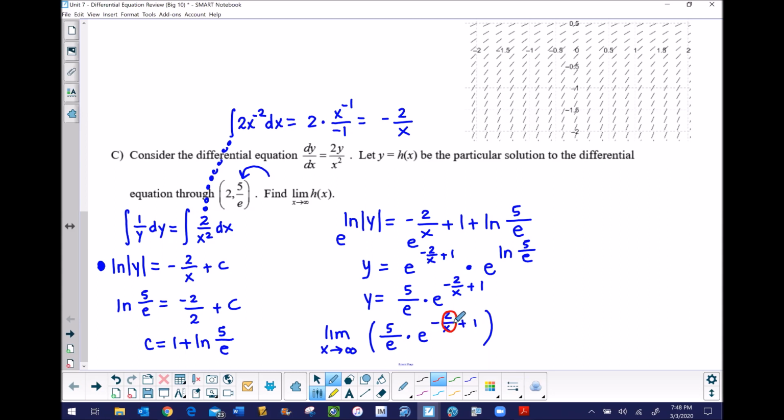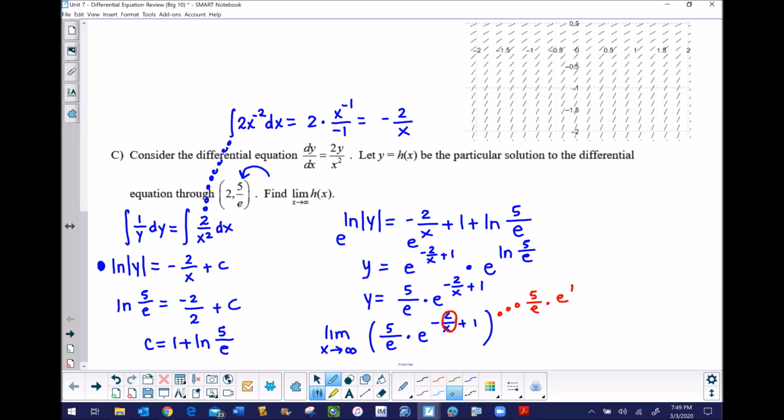But you're going to add 1 to 0. So what that basically means is that we're taking the limit. Well, it's not really a limit anymore because we've invoked the x being big. What this really means is that you get 5 over e multiplied by e to the, what's 0 plus 1? That's just 1, right?